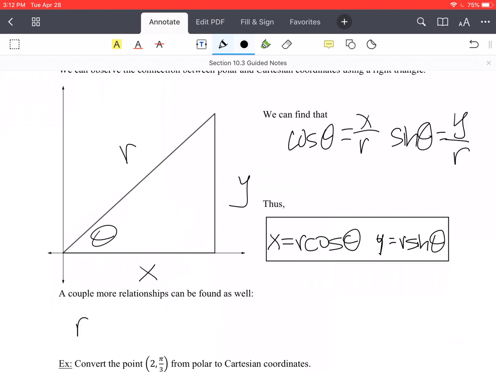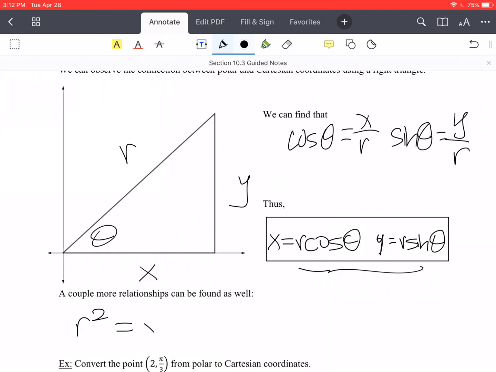So if we want to find r squared, if we just square each of those, they're going to give us r squared times cosine squared plus sine squared, which is 1.